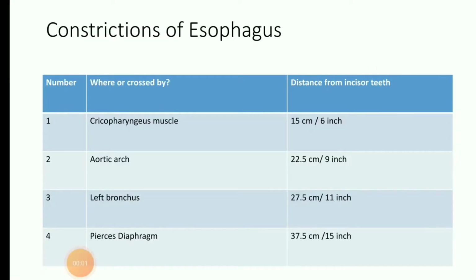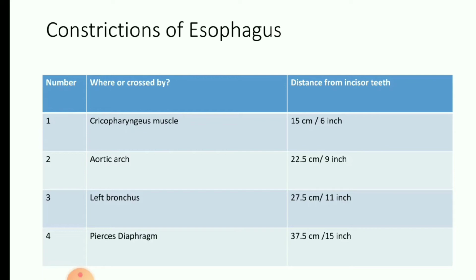Now we come to the constrictions of esophagus. See that the esophagus will show some constrictions at some points when it is crossed by some other structures. It has some functional significance, and it will be very useful to measure those constrictions from the incisor teeth. It will be helpful during surgery.